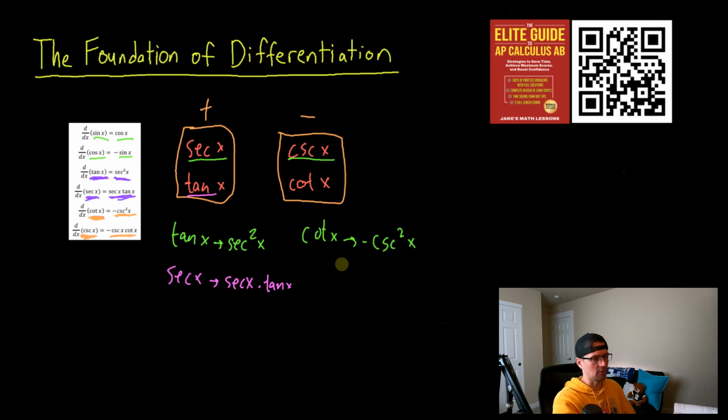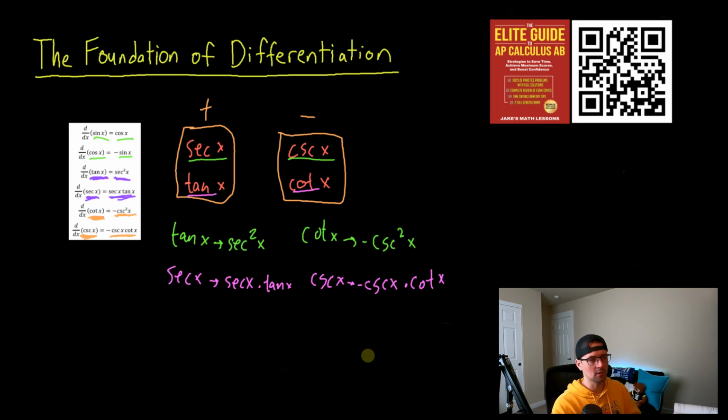Then again over here, the derivative of cosecant of x is going to be cosecant of x times the other thing within its group, cotangent of x. But then again, since the cosecant starts with the co, we then need to make this negative. So negative cosecant x times cotangent.